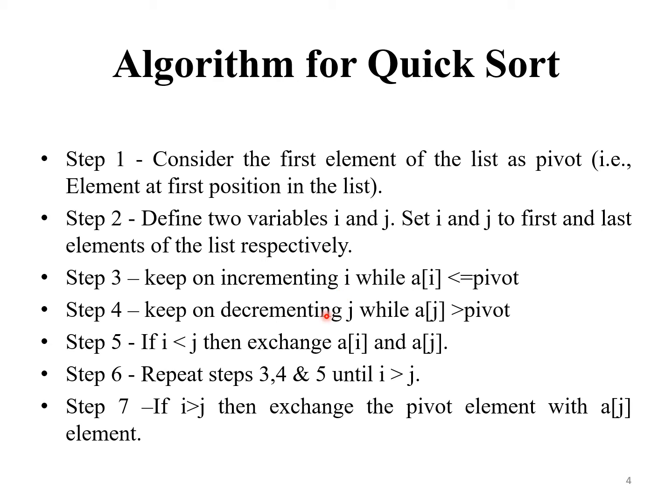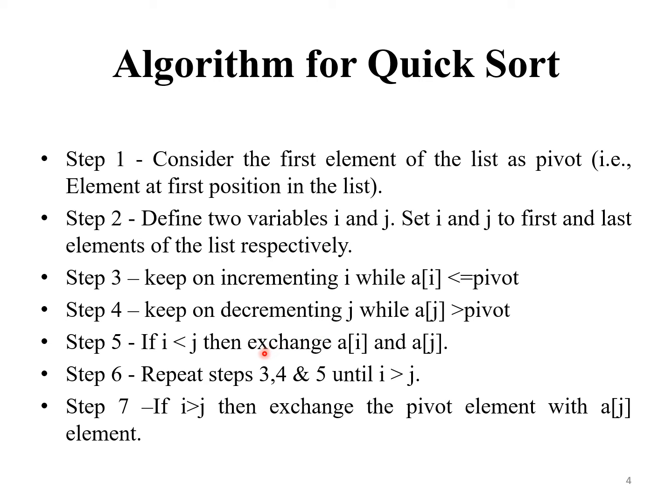Next is step 4, decrementing j while a of j is greater than the pivot. So if a of j is greater than the pivot, then we decrement j. But if a of j is less than the pivot, then we stop j.